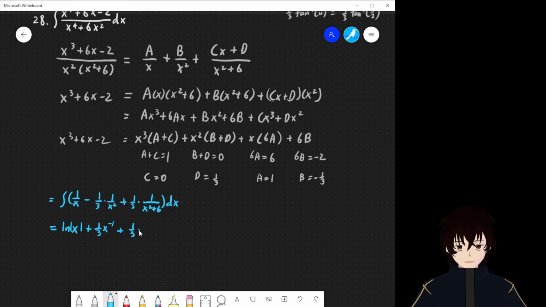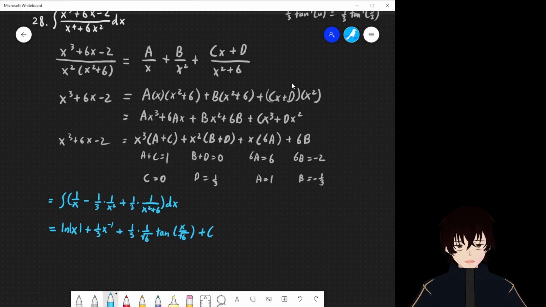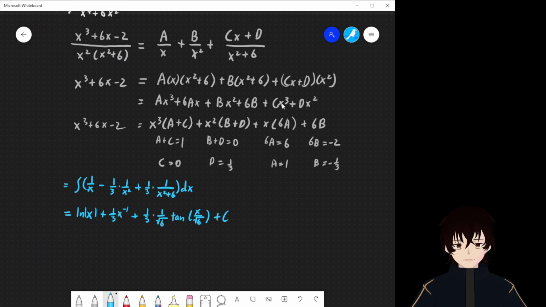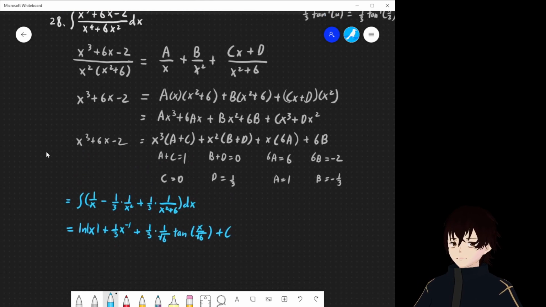Okay, so this will probably be 1 over root 6 tangent of x over root 6. Hang on, did I write plus C? I did. Just happened again. Okay, let's check. Wait, no. This is an even number.